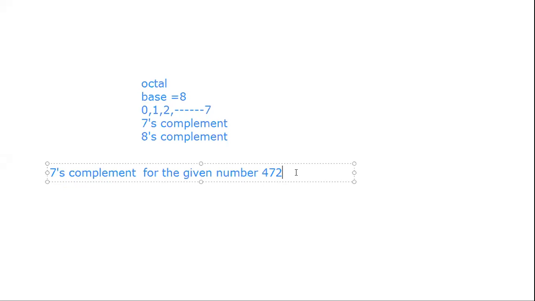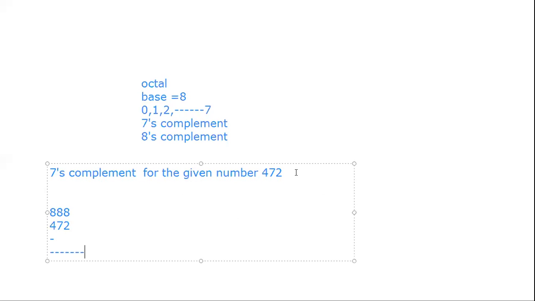How to calculate? Here each digit is subtracted from 7, so 777 minus 472.